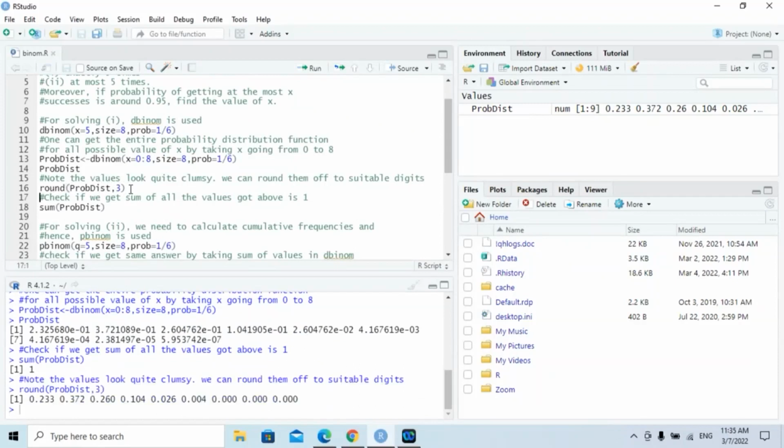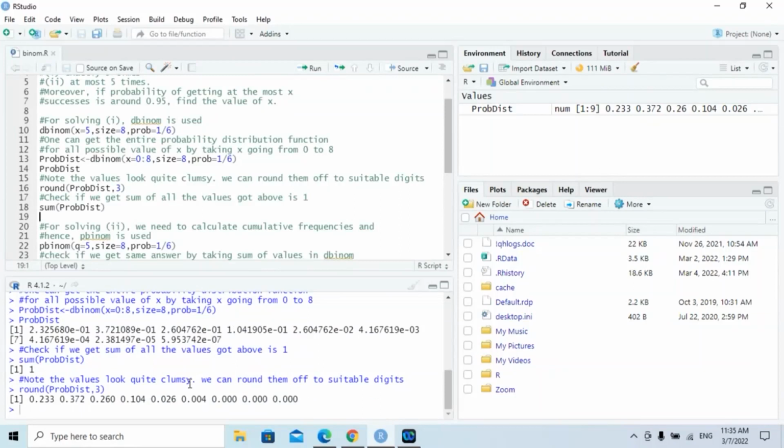If I run the command, see now the values of these probabilities are 0.233, 0.372, 0.260, and so on and so forth. That is how one can get the probability distribution and the probability of the random variable at a particular value of x. That is done with the help of the function dbinom.